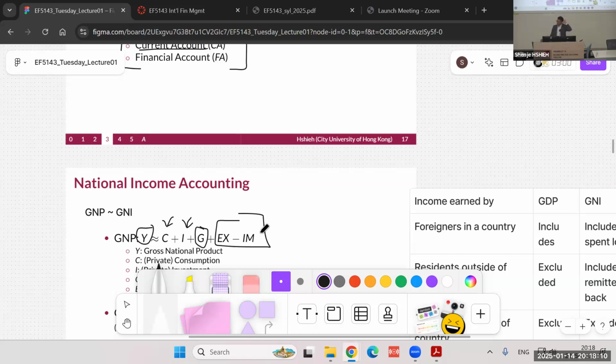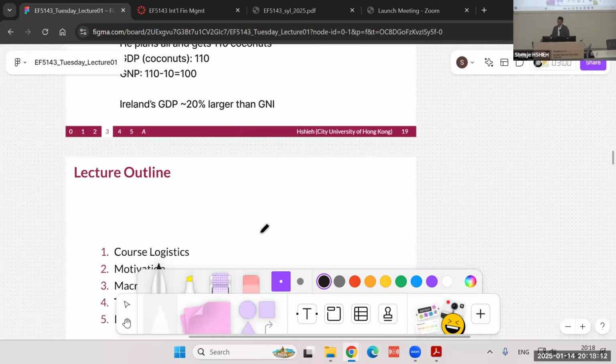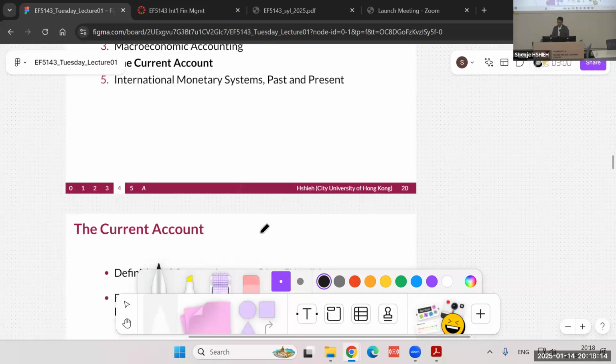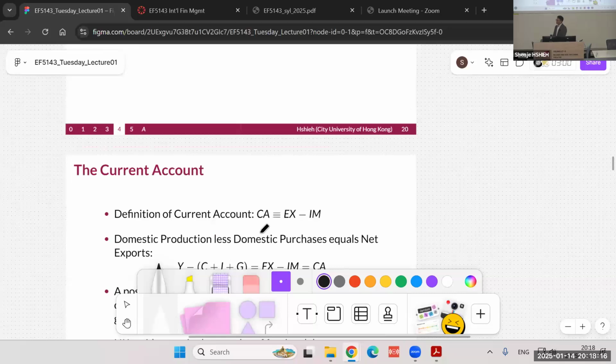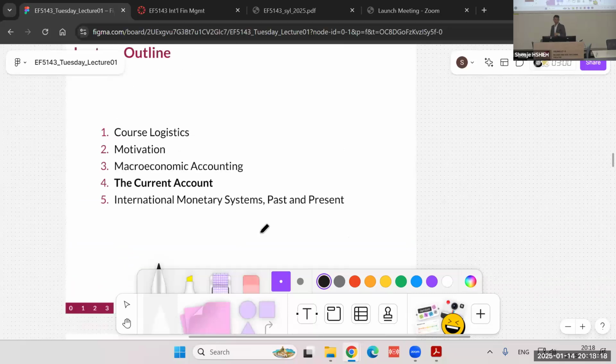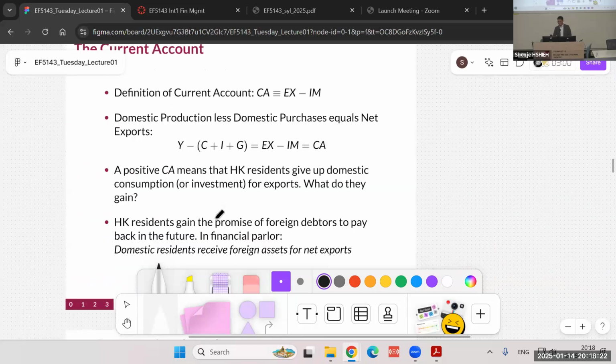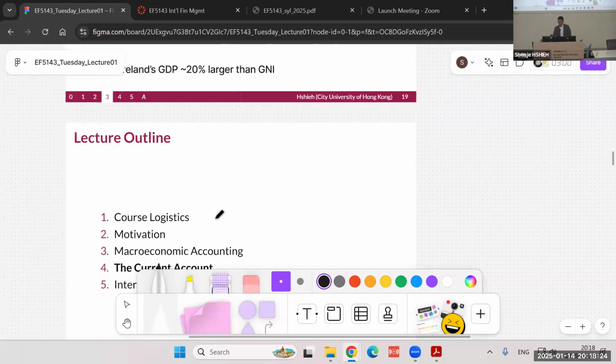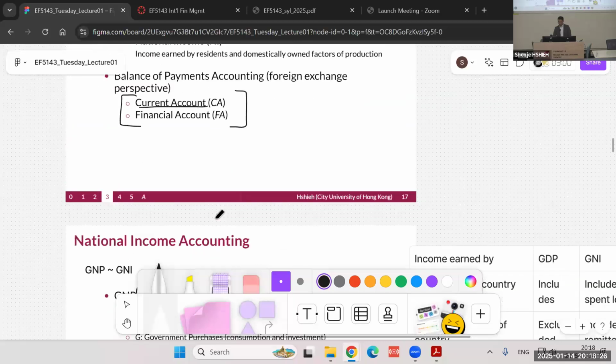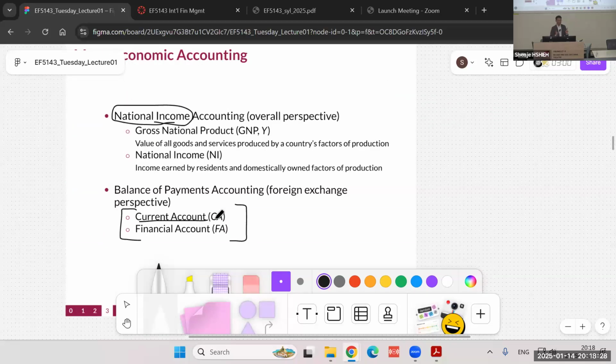But just note in the back of your head that in actuality, yes, the import-export should include returns on investments abroad, okay? All right. Clear? So current account: physical goods and services exchanged between countries. Financial account: exchanges of financial assets, money, stocks, bonds, whatever.